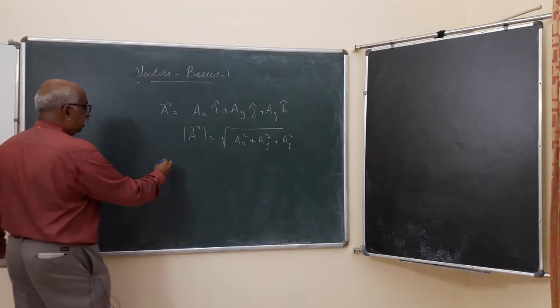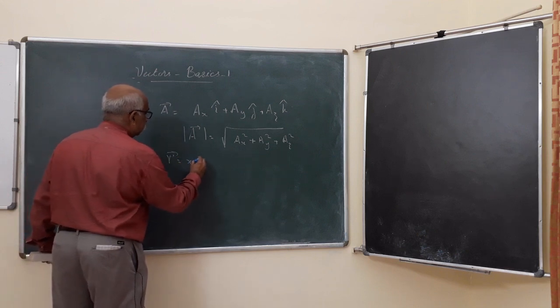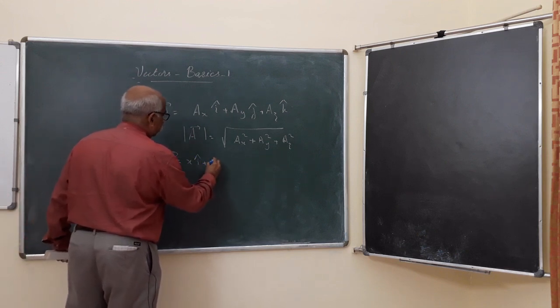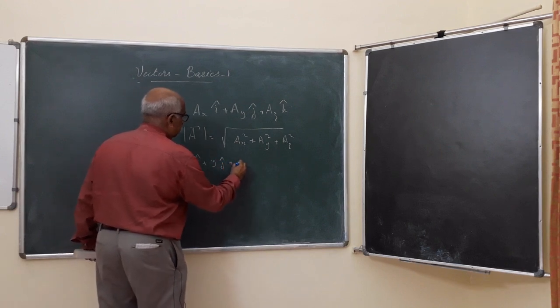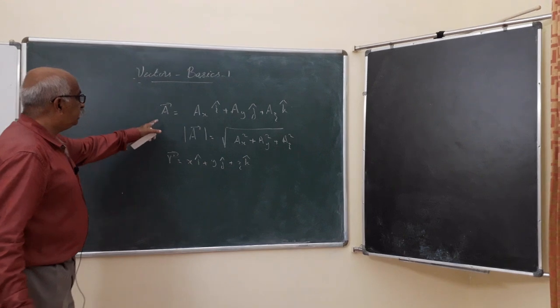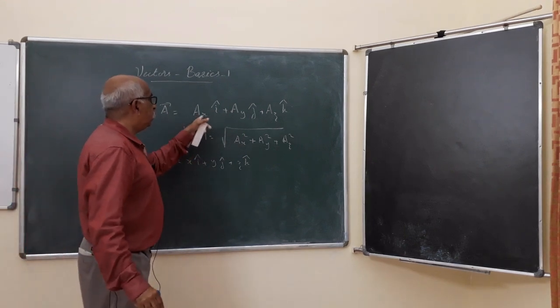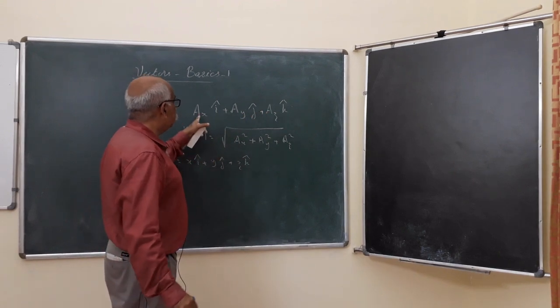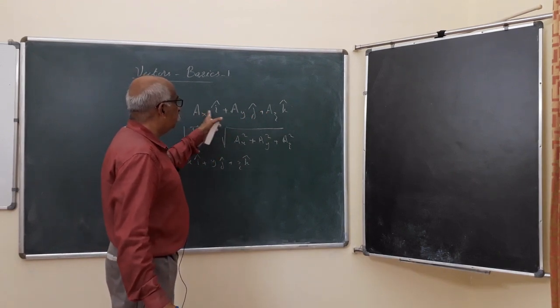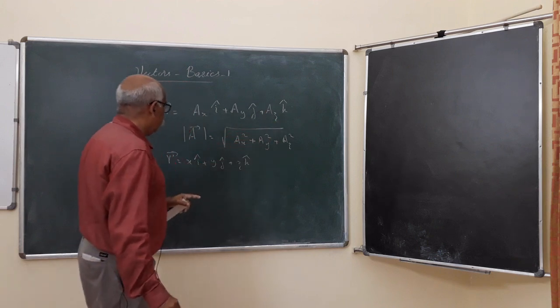For position vector, we have seen the representation is x i plus y j plus z k. Likewise, we can represent any vector in this form with i, j, k, Ax, Ay, Az. They are known as components: x component of the vector, y component of the vector, and z component of the vector.